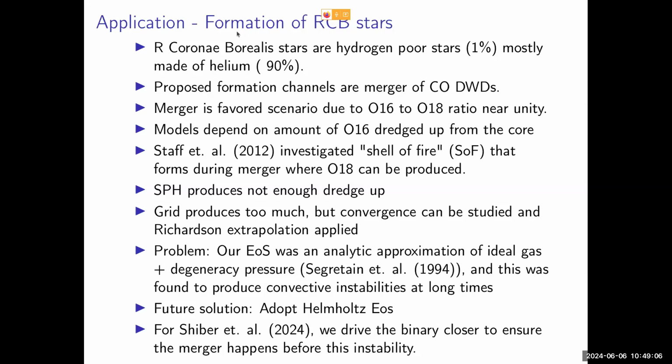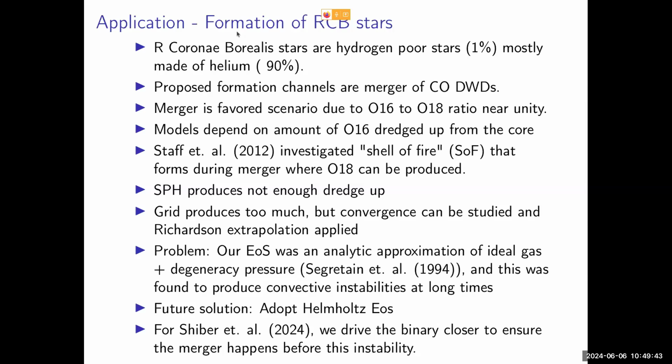But now the merger scenario is favored because of the ratio of oxygen isotopes. I think there'd be much less oxygen 18, but it's actually 50. And to model this, you have to get the amount of oxygen 16 that's dredged up from the core of the accretor as it merges. As it merges, there's this high temperature shell that forms around the accretor where you get this oxygen 18 produced.